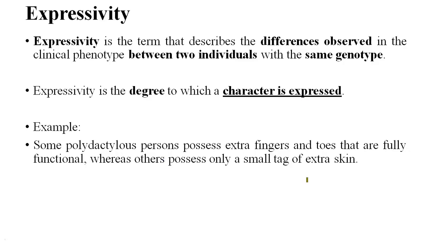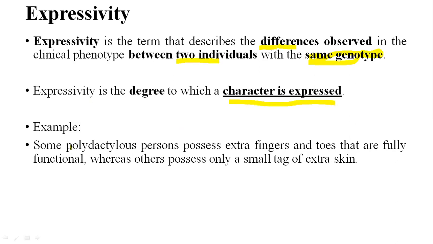Expressivity is the term that describes differences between two individuals who have the same genotype. Here the same genotype may be there, for example polydactyly, but this polydactyly may show differences also. So in the clinical phenotype they will show differences. So expressivity is the degree to which a character is expressed.